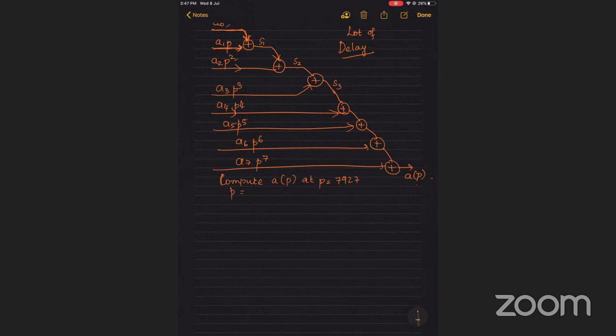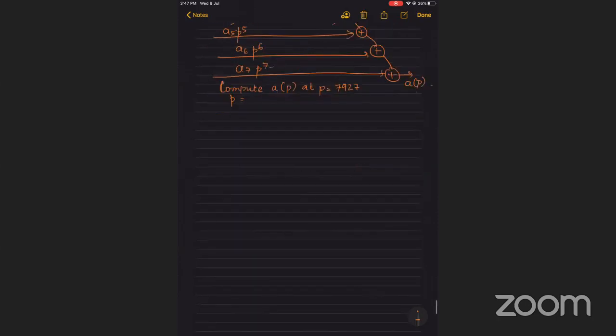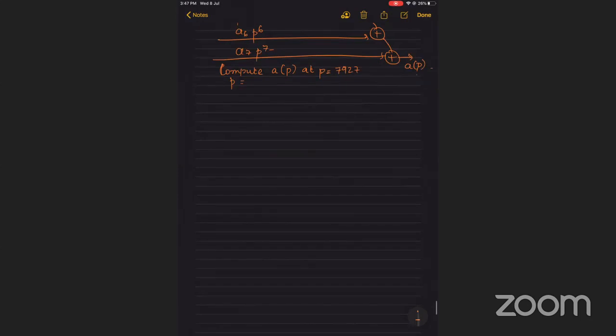But P power 7, if I do it on a calculator, it will say, mind your business. What are you trying to tell me? 7,927 power 7, you think I don't have a better job? So there is a problem because computing this P power 7 is going to be extremely difficult. So I want to exploit the property of my even function. Let us see how to do this.